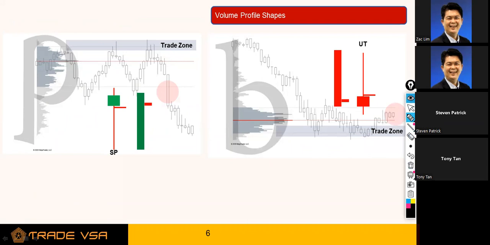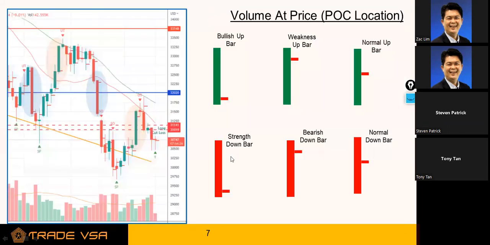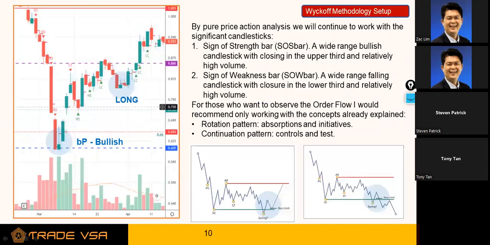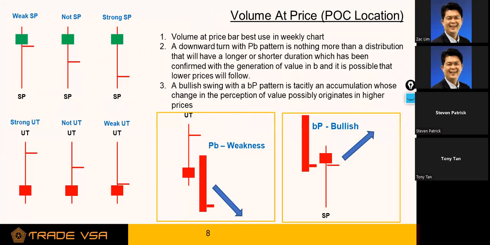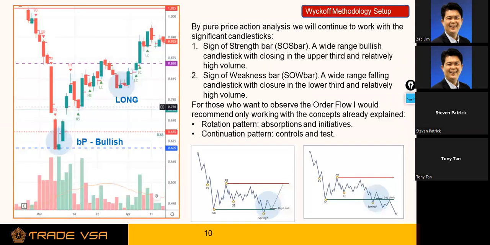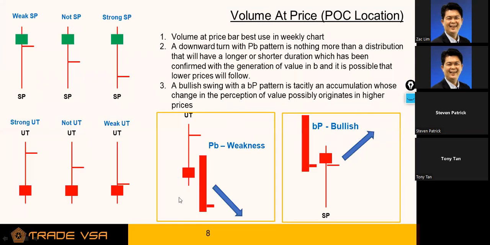But when you combine these two, which comes first and which comes later matters, because when the price has a P, it is something about distribution.